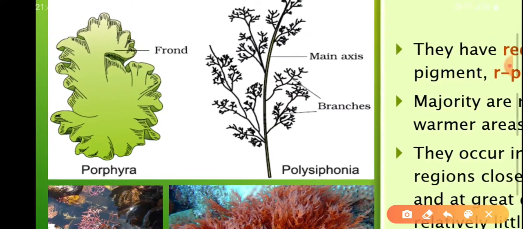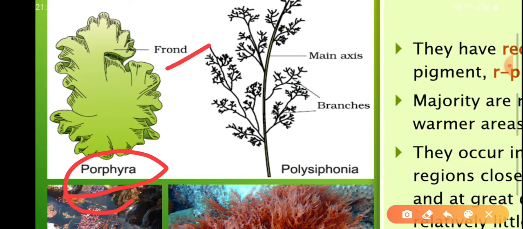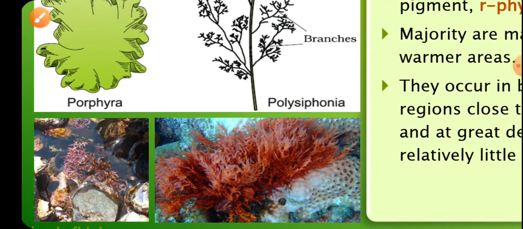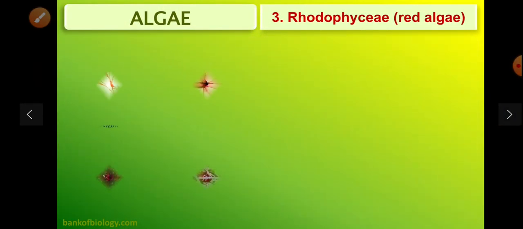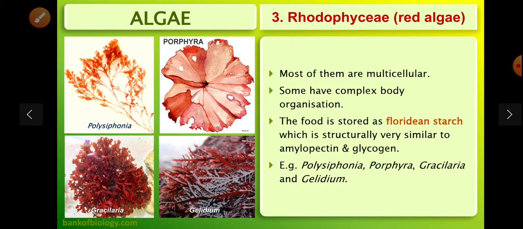This is Porphyra, Polysiphonia. Most of them are multicellular and have a complex body organization. The food is stored as floridean starch, which is structurally very similar to amylopectin and glycogen.